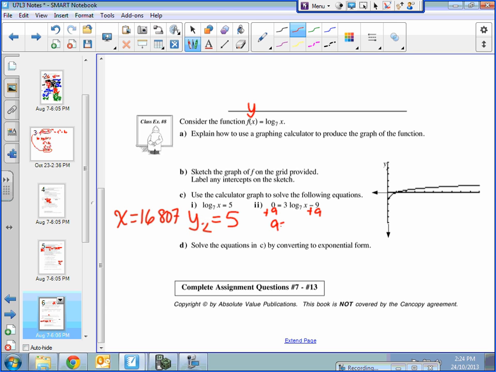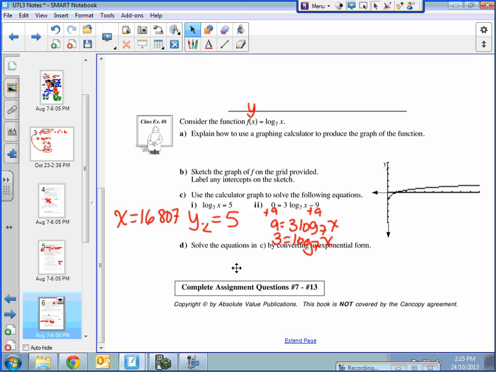So I have 9 equals 3 log of x base 7. Is everyone okay with this step so far? Okay, so now that I have 3 times my logarithm, divide by 3. So 9 divided by 3. So 3 equals log of x base 7.